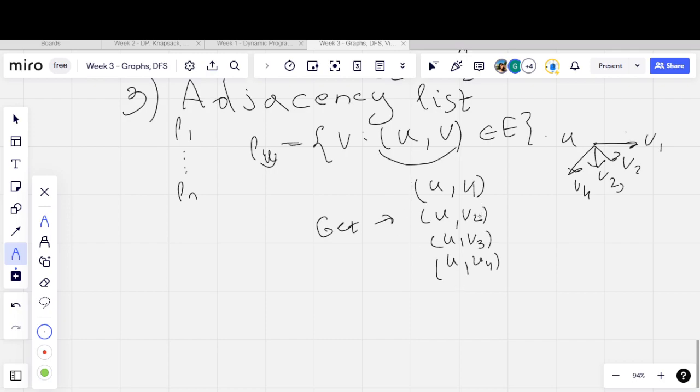And usually this list is a vector, std::vector. And usually we will use this type of storing.